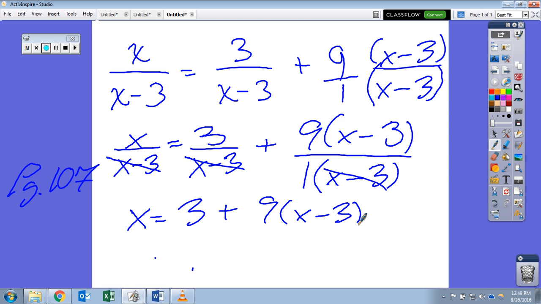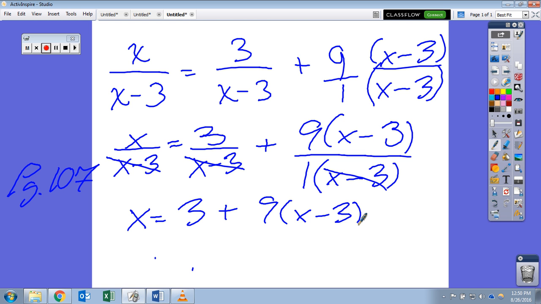What operation did she technically do that she's not showing? Wouldn't it technically be multiplication? Yes, she's multiplying both sides of the equation by x minus 3. That's how that happened. I want you guys to know why we can do what we do.